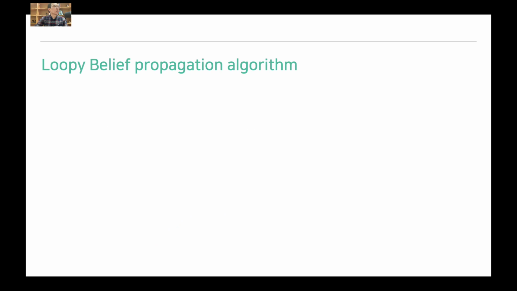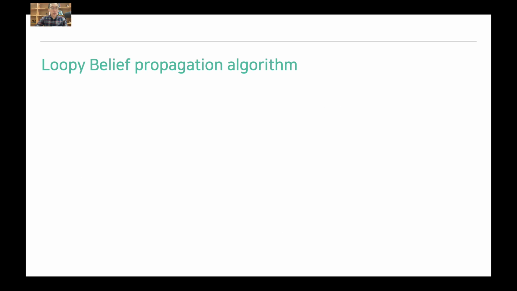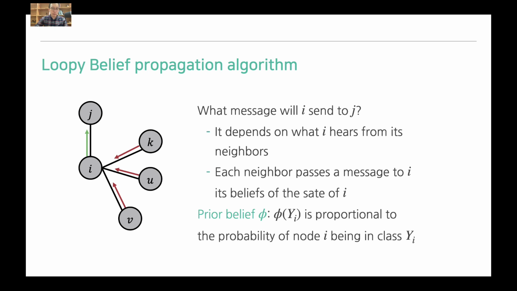So that was the collective inference, with or without the attributes. And the third one is loopy belief propagation. It is a more probabilistic setting, so we introduce a message in this case.